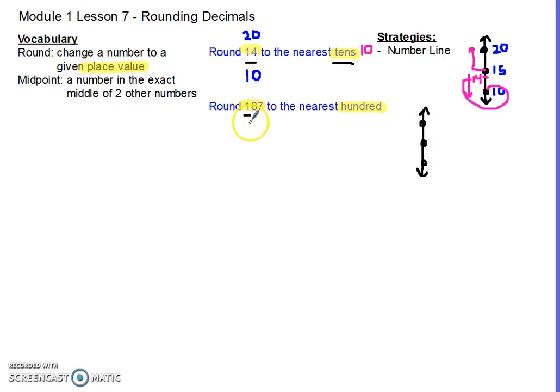Looking over here, we're going to ask ourselves, what would be the nearest hundred underneath 187, and that closest hundred would be 100. Then we would ask ourselves, what would be one more in the hundreds, and that would be 200.